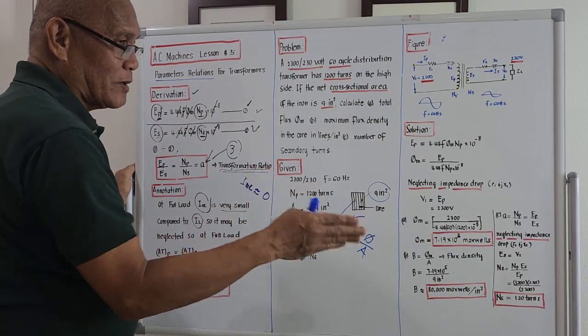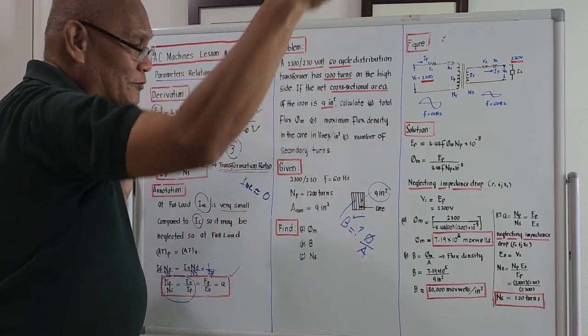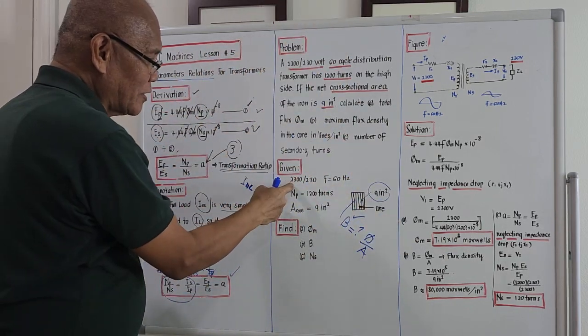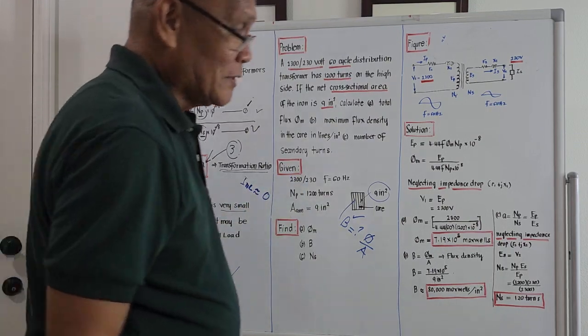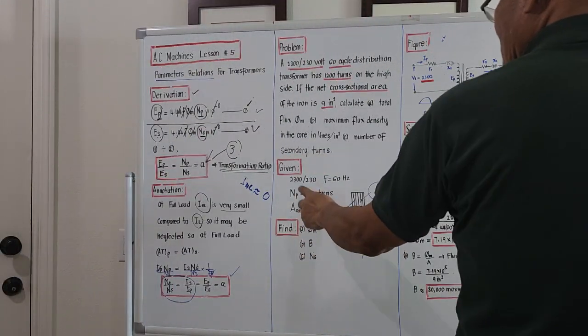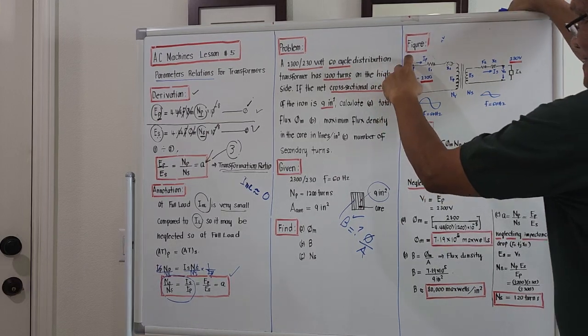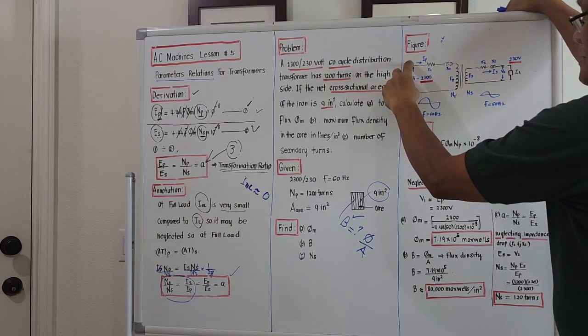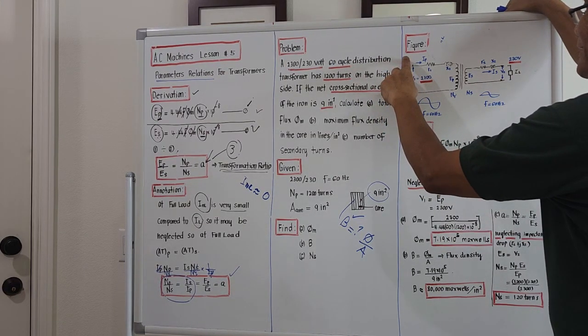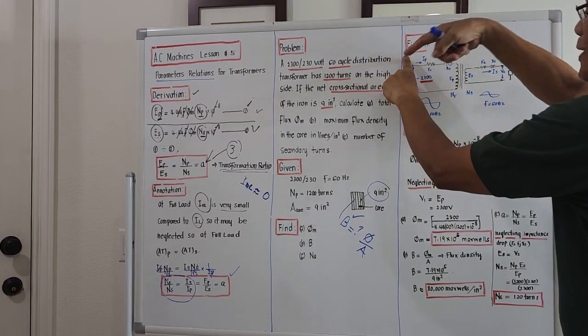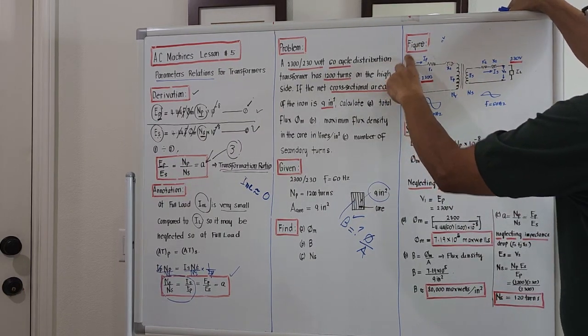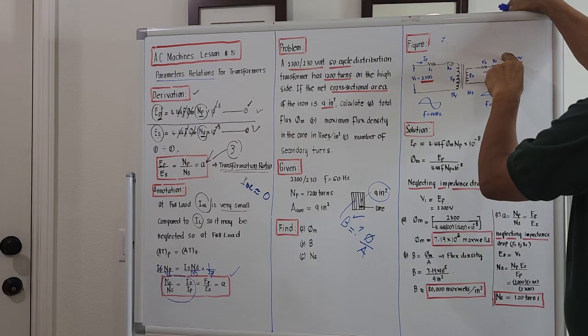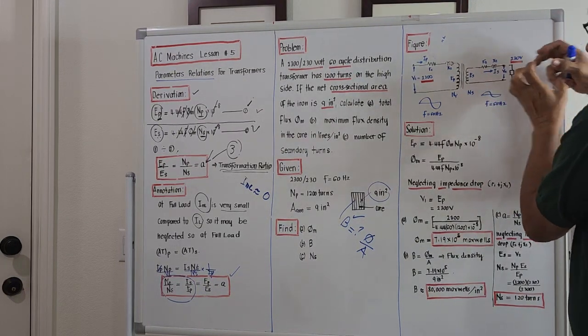The given distribution transformer, you could see it on the post. It could be rated 2300 and 230, meaning this 2300 is the one coming from the generator, for this transformer given in the problem. And the output is what you get if you connect a load.